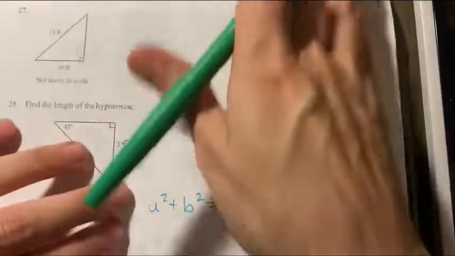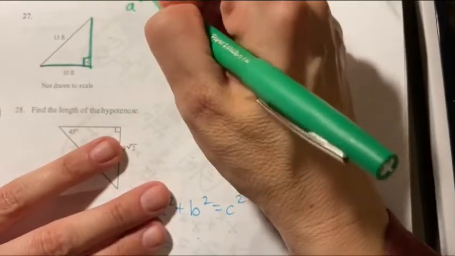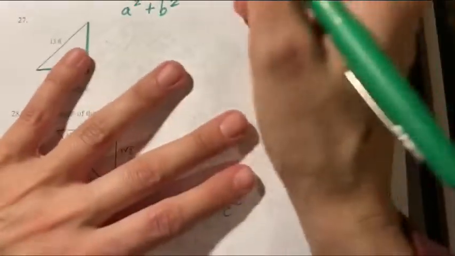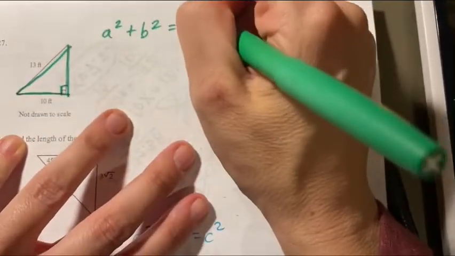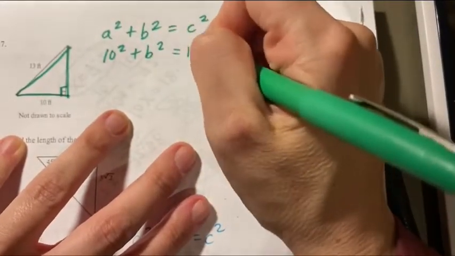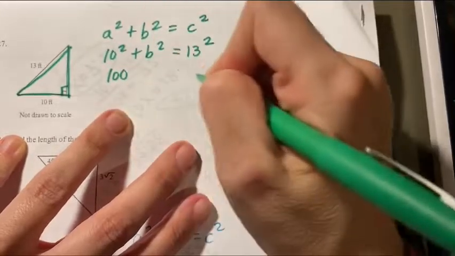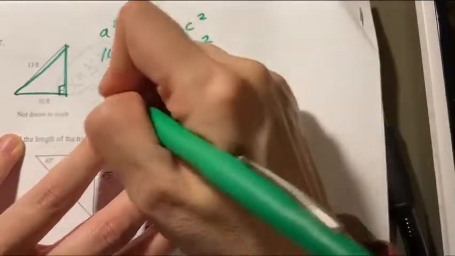What about this one? I can't tell which one is small and medium, but lucky for you, it doesn't matter which one is A or B. You still should get the same answer, but you definitely have to put the longest side over here. So 10 squared plus B squared is 13 squared. Okay, so now we have an algebra problem.